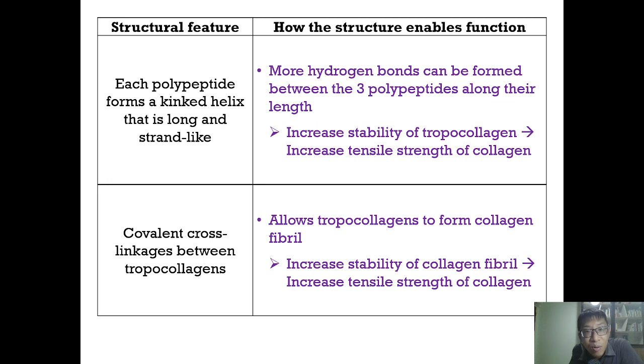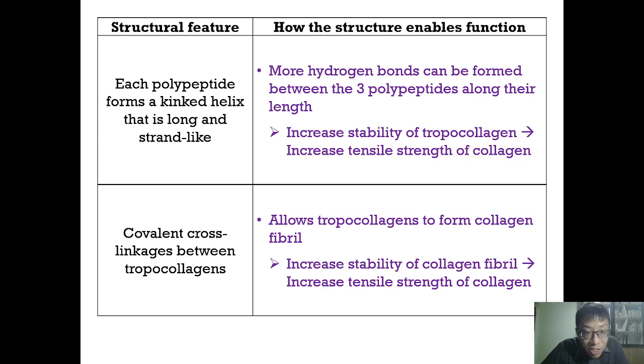So that allows more hydrogen bonds to be formed between the polypeptides in the tropocollagen, because the hydrogen bonds are formed along the length of the polypeptides, right? So when the polypeptides are not compact, when they are still very long, elongated, then there are more hydrogen bonds that can be formed, right?